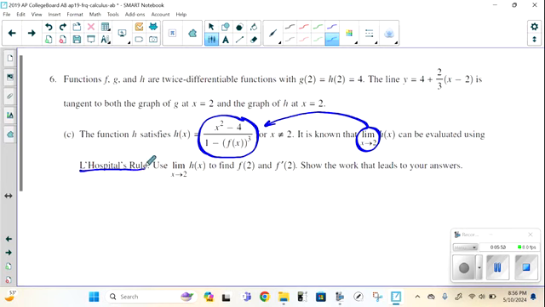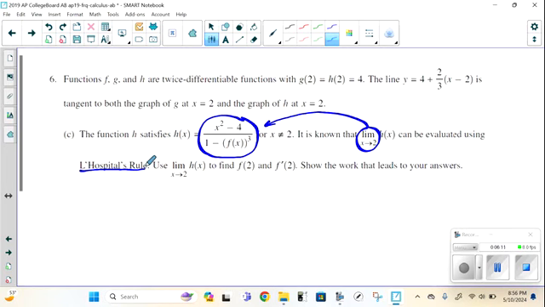I love L'Hopital's rule. I love saying L'Hopital. I mean, that's just crazy. Use the limit as x approaches 2 of h of x to find f of 2 and to find f prime of 2 and show the work that leads to your answers.